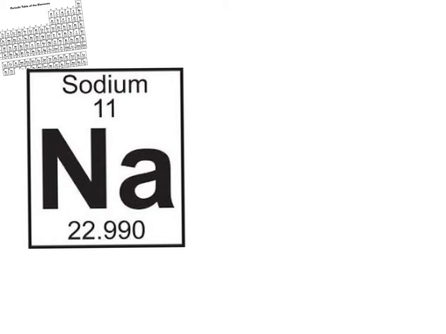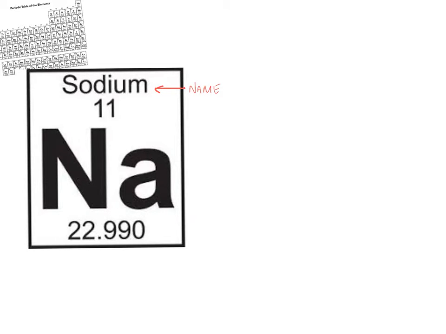All right, what does this box tell us? Well, first of all, let's take a look at the name here. We've got sodium, and this is simply the element name.